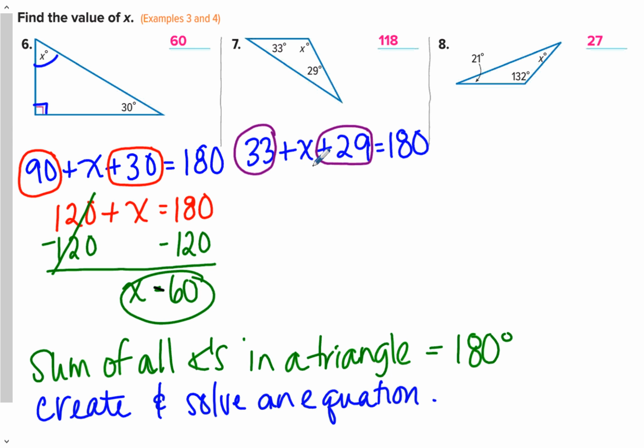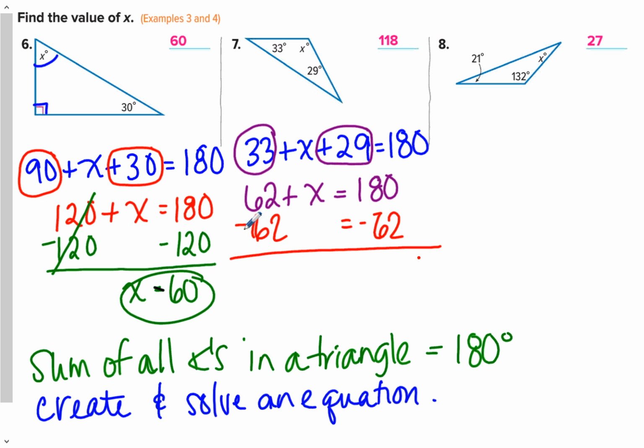These are numbers, so the numbers go together. So that's going to be 62 plus x, and that equals 180 degrees. Now I'm just going to solve this using the subtraction property of equality. Subtract 62 on both sides of the equation. 62 minus 62 cancels to 0. So x is now going to equal 118 degrees. So that's our missing angle.